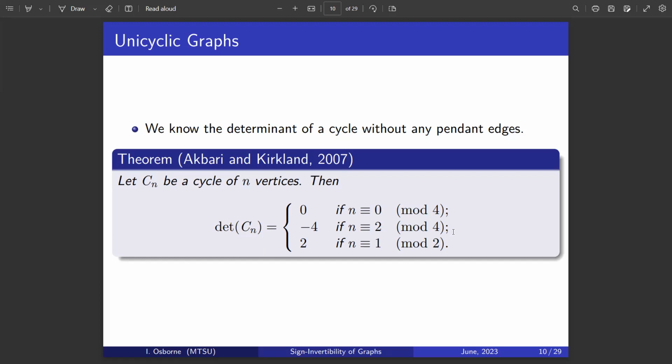So we have to have at least one extra vertex attached to this graph in order for it to potentially be s-invertible.